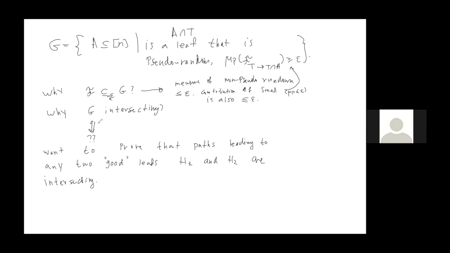Okay, so this is sort of equivalent. If you want to prove that our junta is intersecting, this is really what we want to prove. Okay, so we'll do that by way of contradiction.